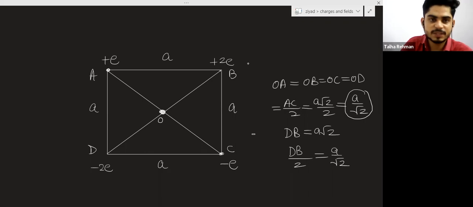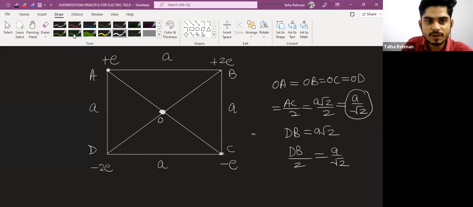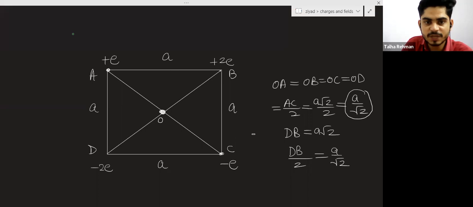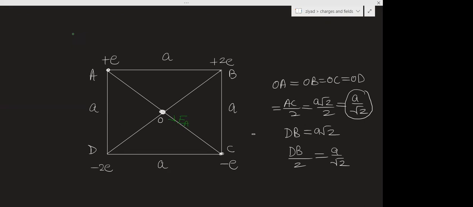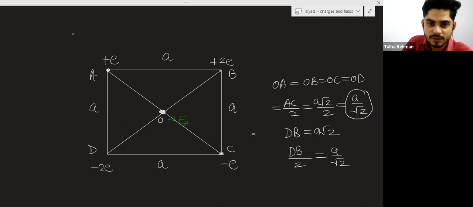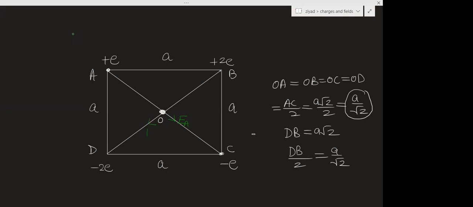So first calculate the direction. This is a positive charge, and we want to find the electric field here, so due to this charge the electric field will be in this direction, EA. This is a negative charge, so the electric field due to this negative charge will be in this direction because it will attract, that is ED.